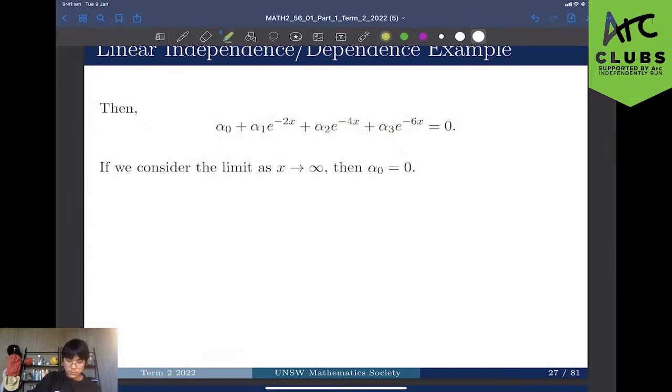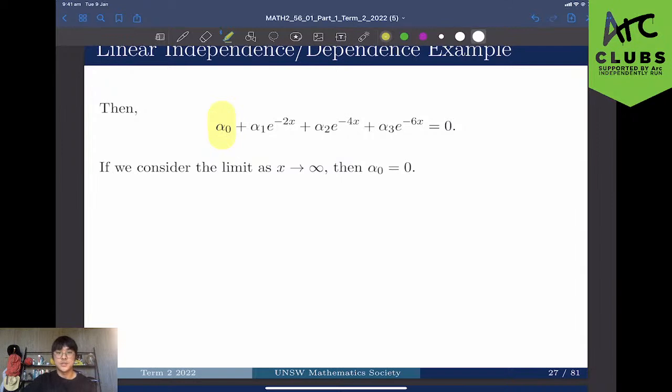So now we don't have to consider alpha 0 because we already know it's 0. So we're left with alpha 1 e to the power of minus 2x and so on. And next, what we're going to do is multiply the equation by e to the power of 2x. The reason we do this is that as it stands right now, all of the alpha 1s and alpha 2s and alpha 3s are going to disappear as x goes to infinity.